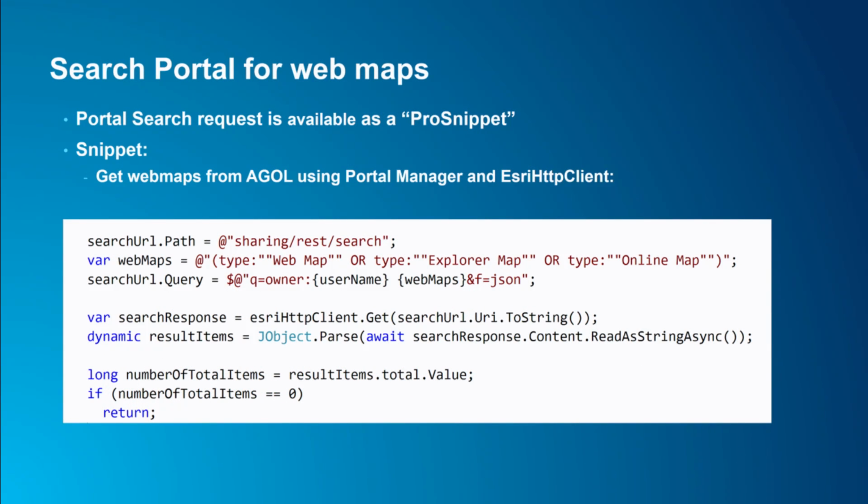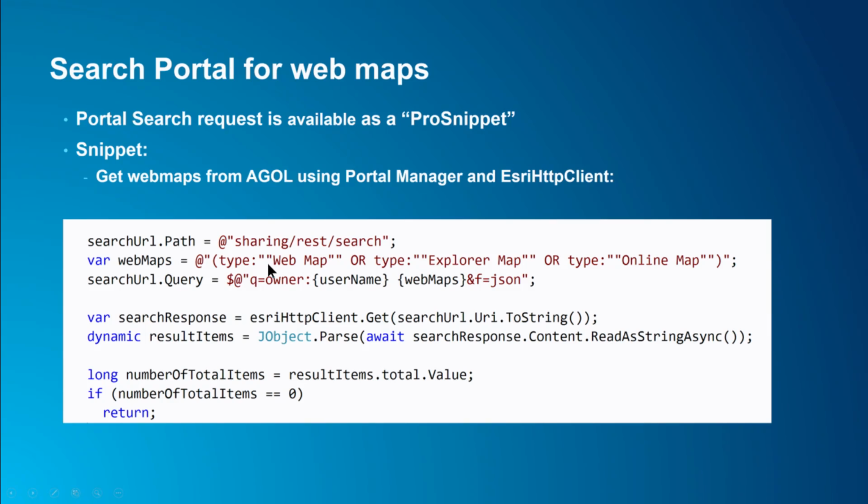So next we're going to take a look at how to search the portal for web maps. Again, there's a Pro snippet available for this. And when you get web maps from ArcGIS Online, again, you use the Portal Manager and then EsriHttpClient, the same pattern. So first we construct our URL. In this case, the path would be sharing REST search. And that's something, again, that you can find in the standard documentation that we provide for the REST API for ArcGIS Online.